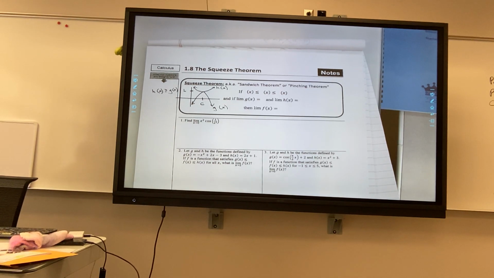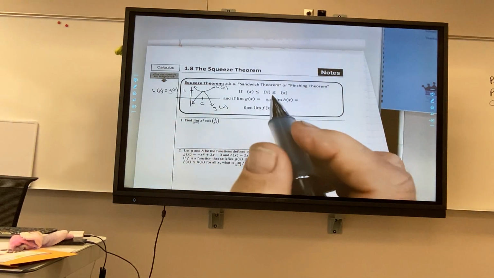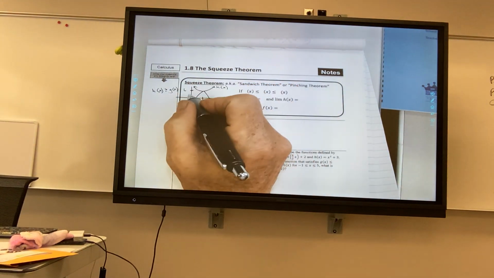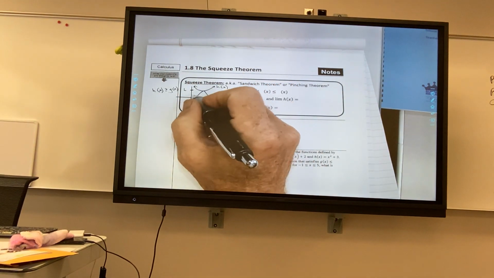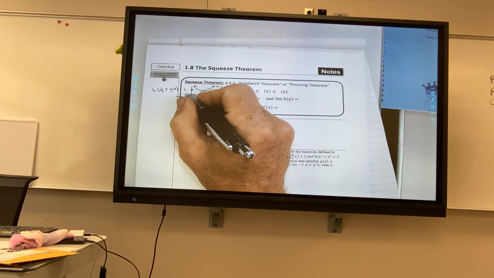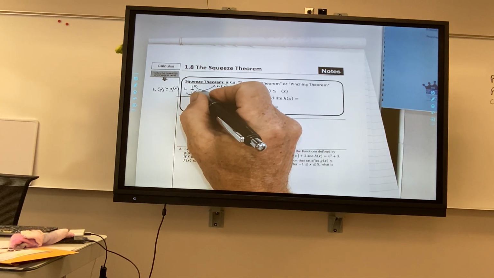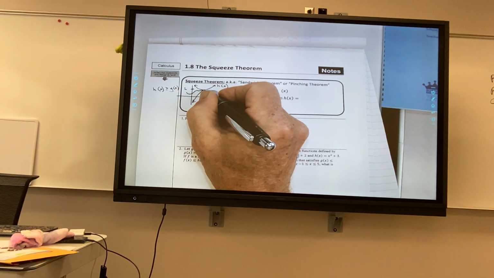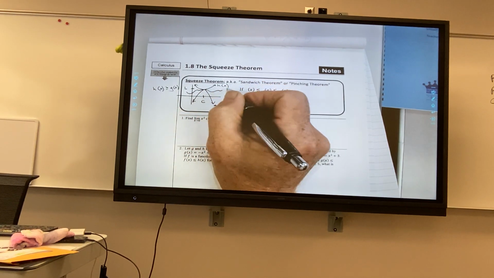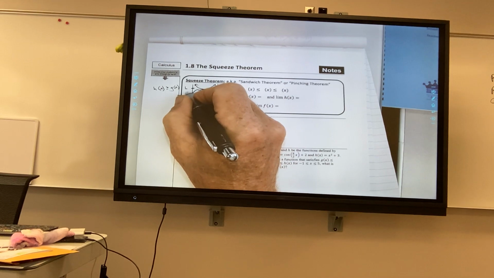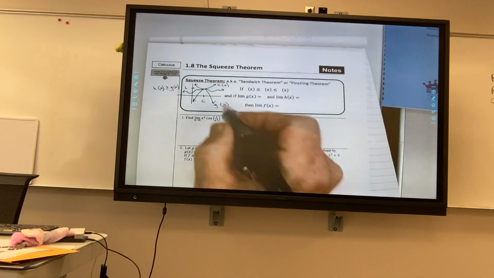All right. So I have a case where I have another function, f. This is f of x.